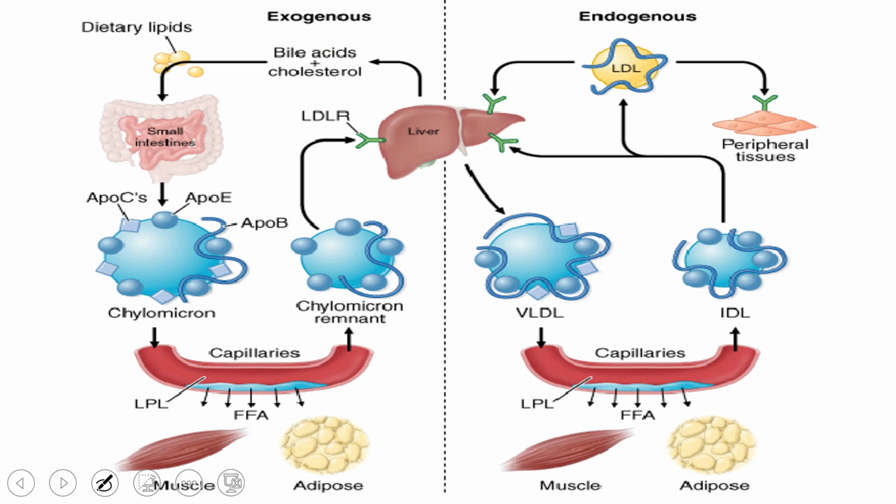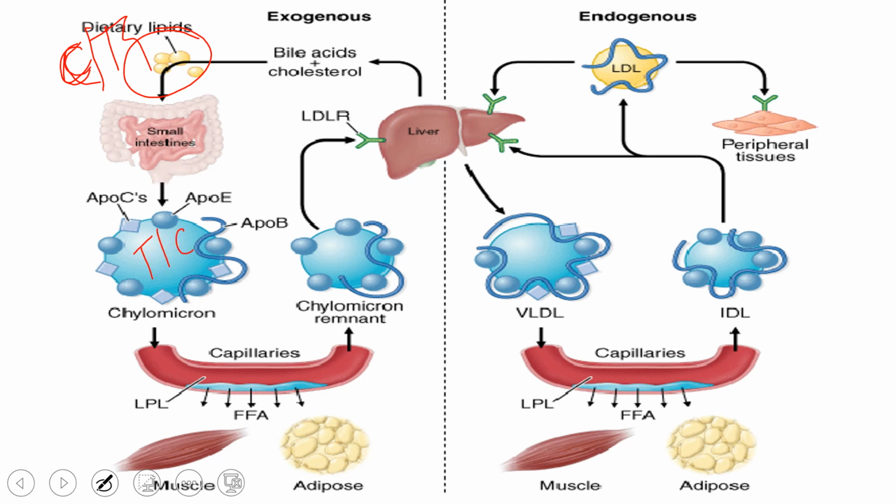Now, if I concentrate only on the exogenous pathway, whatever we have got in the dietary lipid, think of this dietary lipid as having cholesterol and triglyceride. We are going to consider both. This dietary lipid, cholesterol and triglyceride, is converted into nascent chylomicron and then chylomicron.